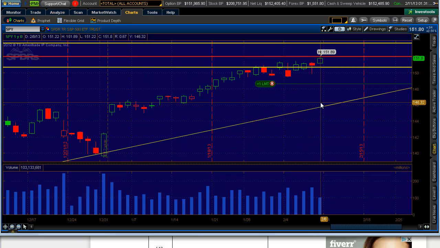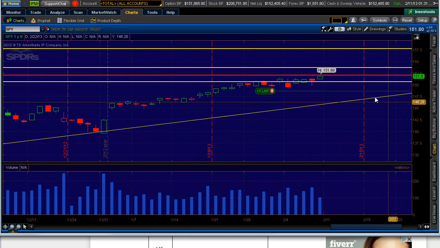So let me go over to my chart and show you what this is. So this is the Spiders. This is where the actual close of the stock was on Friday of last week, and it's getting up to the point where I would like to do an adjustment. This is my actual spread right here. This is where I bought the call and sold the call, and that is my spread.